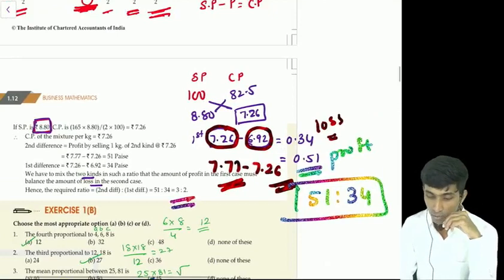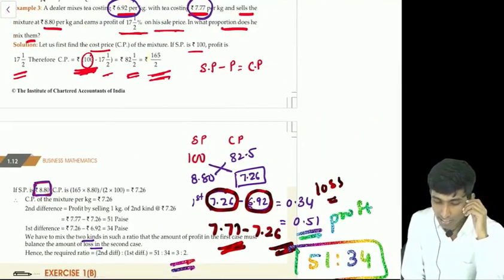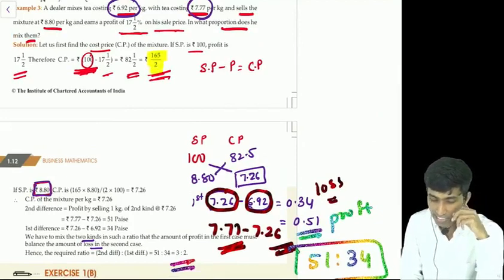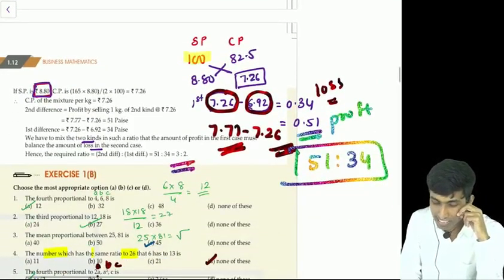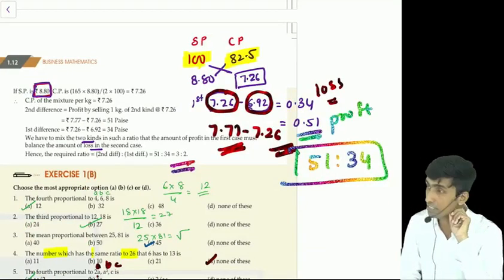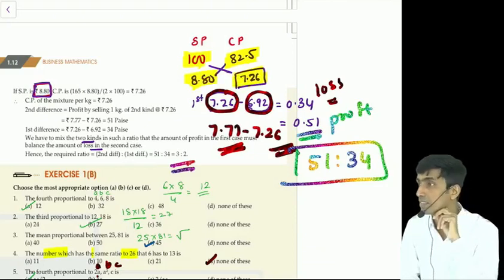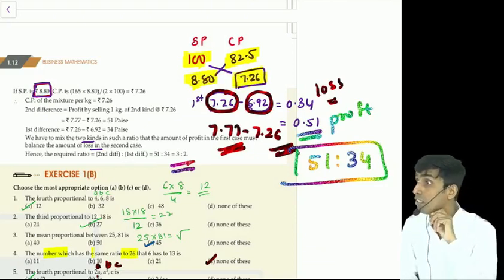So what we did? One minute. Only the last part was confusing. Till here everything was okay. My cost of the mixture is how much? When the selling price is 100, my cost is 82.5. If my selling price is 8.8, my cost price is 7.26.